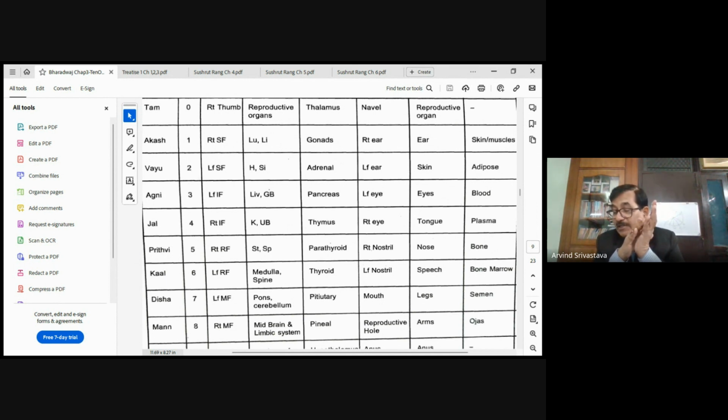It is balancing your body, and also doing other work too. When you walk, the cerebellum is responsible for balancing the body. So this has been kept on disha, finger number 7, with the cerebellum on the cuff joint.